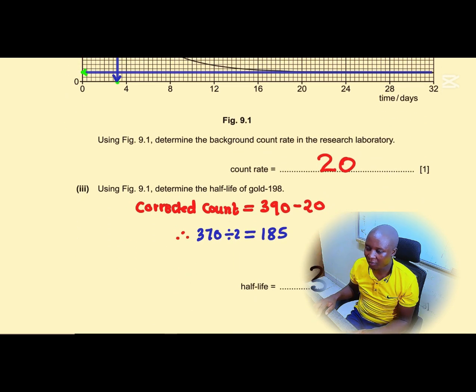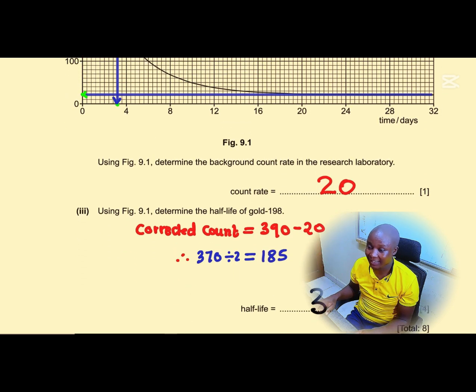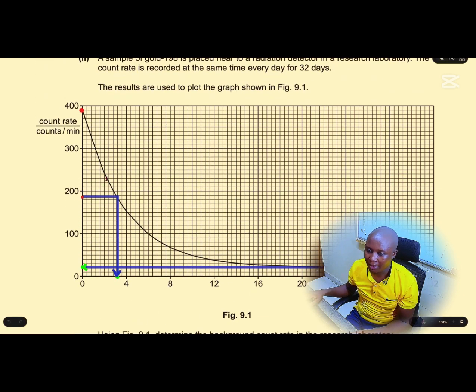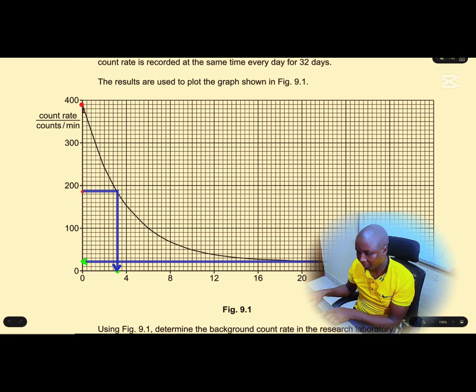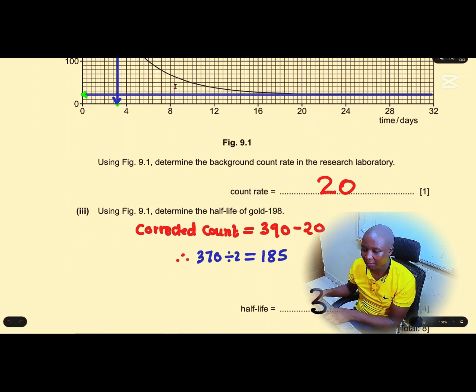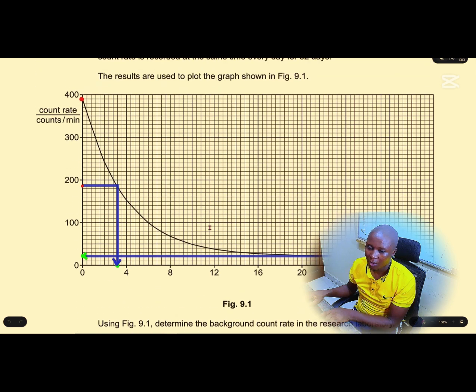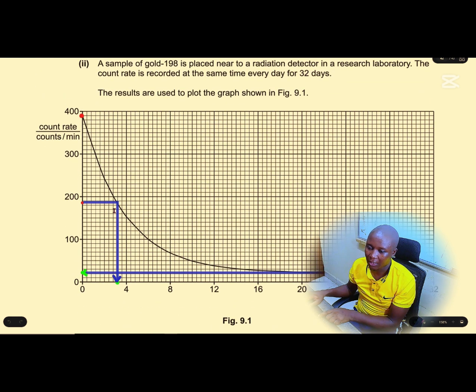Determine the half-life of gold 198. So first, you check the reading here. The reading here is 390. Then we have to correct that count by subtracting the background radiation, or the background count. So we subtract that, and then the half-life will be found where the corrected count is divided by 2.